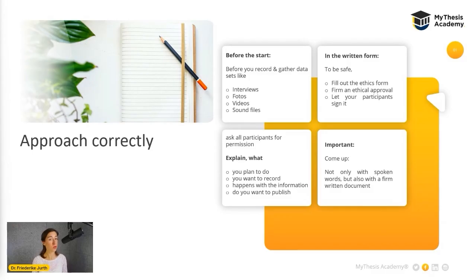Because it is also a difference, for example, if somebody appears in a video, or if you publish a sound file with the voice of this person, or if it is, for example, an interview that you will transcribe and where you only will publish the written text, for example, the answer, where you can anonymize the participant, something which is not really possible if you have a video sequence.